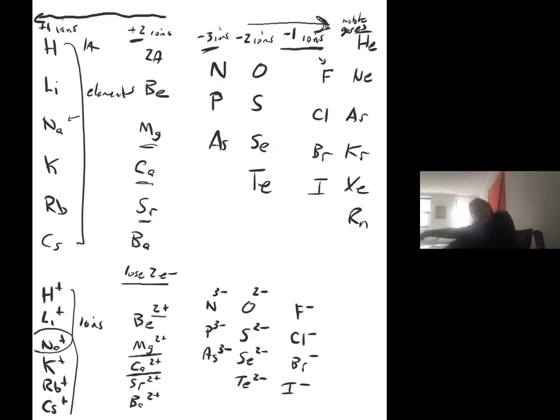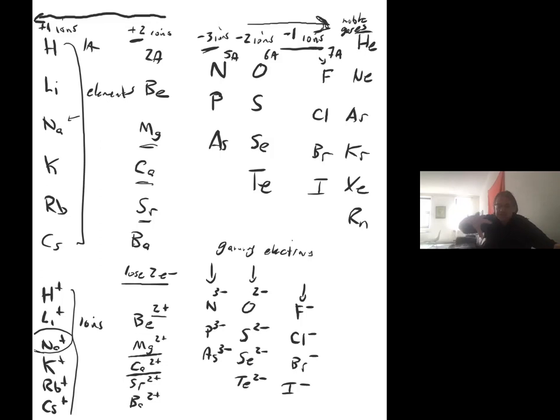Then you go all the way to the other side of the periodic table. This is group 7A, 6A, 5A. That's one of the reasons we talked about the periodic table last week, so you can label these things. -1, -2, -3. That means they're gaining electrons. So in general, the elements on the right side of the table tend to gain electrons, and the elements on the left side tend to lose electrons.